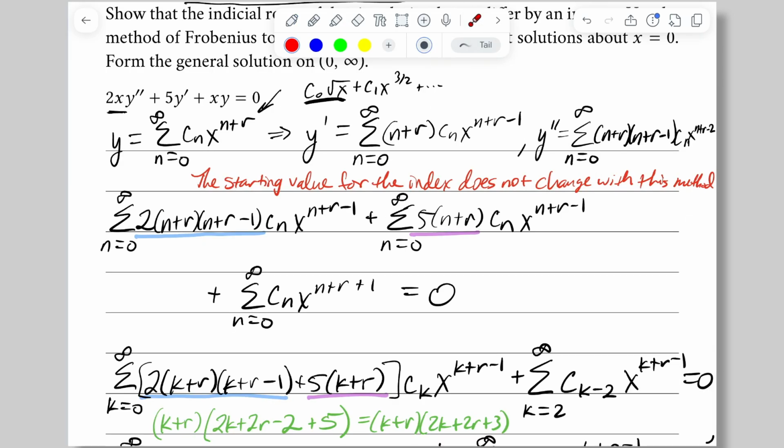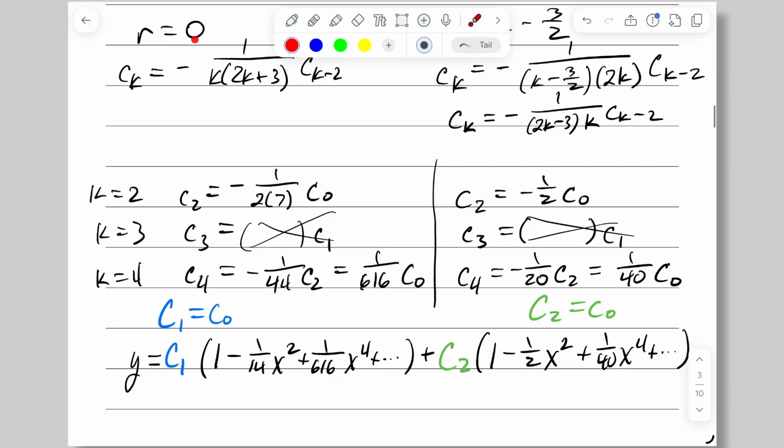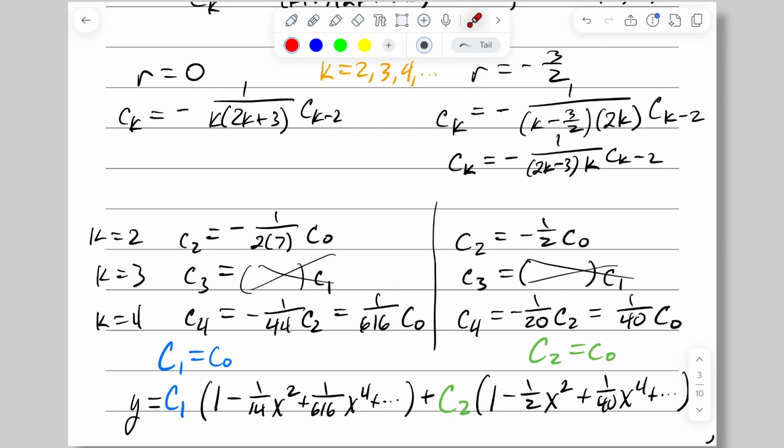The other mistake is that our solution has as its general term not an x to the n, but an x to the n plus r. Now that doesn't make any difference when r was equal to 0, but it does make a difference when r was equal to negative 3 halves.